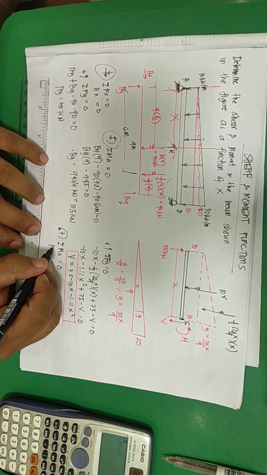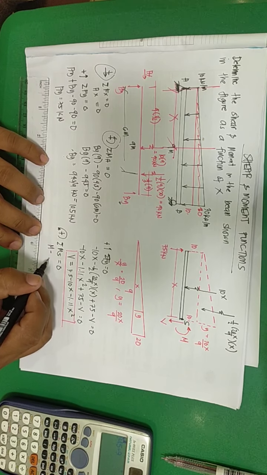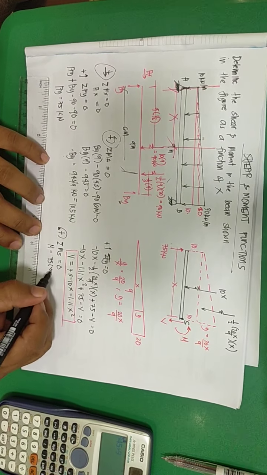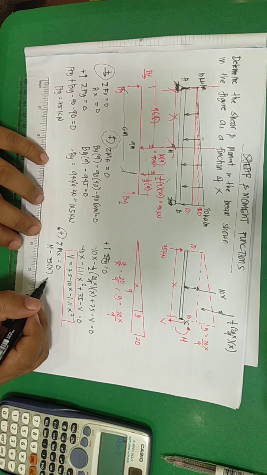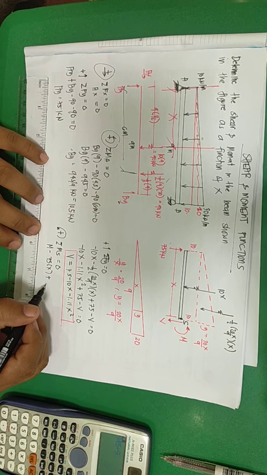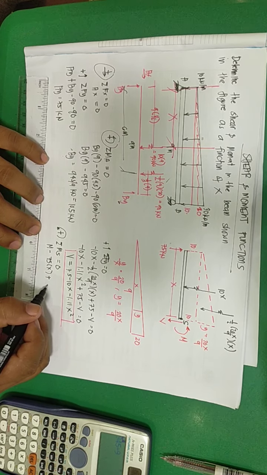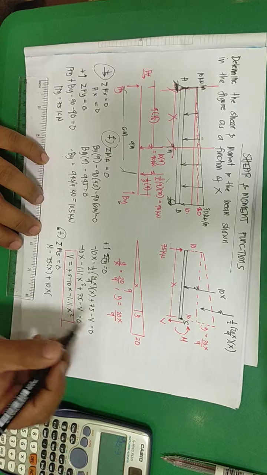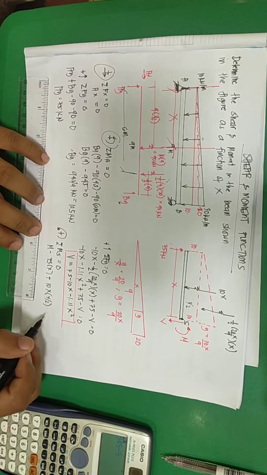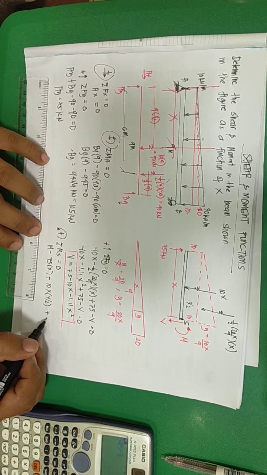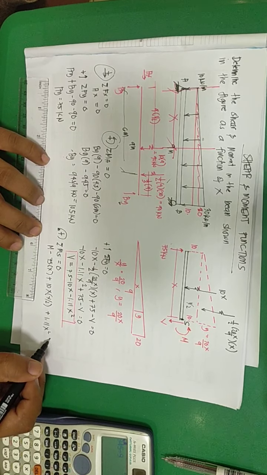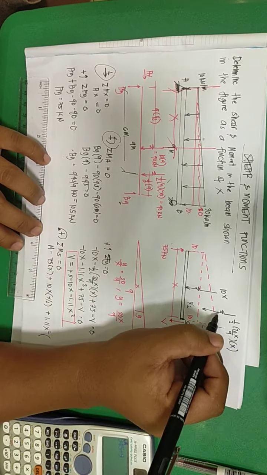So M minus 75 times x plus 10x times x over 2 plus 1.11x squared multiplied by, what is this distance?